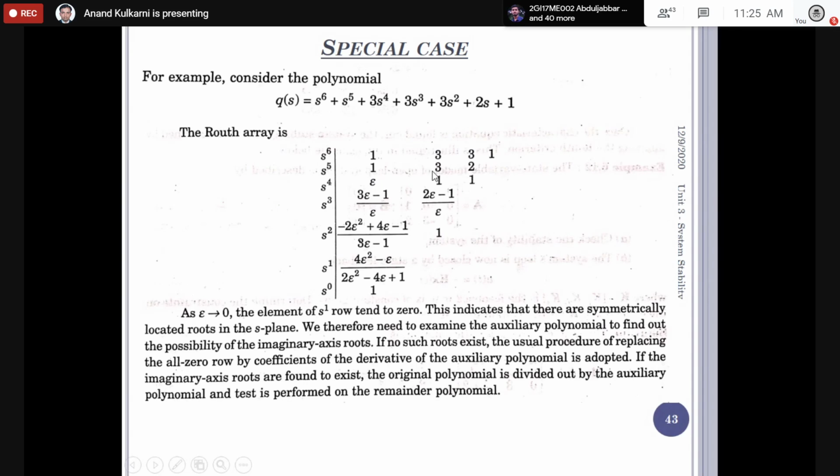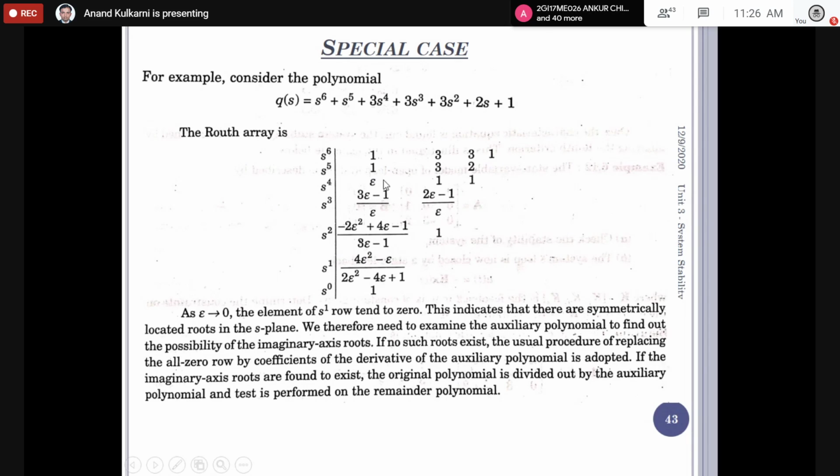Now calculate further. 3 epsilon minus 1 divided by epsilon, 2 epsilon minus 1 divided by epsilon, 0. This is the third row, the s cube row. Then the s square row, this into this minus this divided by this. After solving, you will get minus 2 epsilon square plus 4 epsilon minus 1 divided by 3 epsilon minus 1.